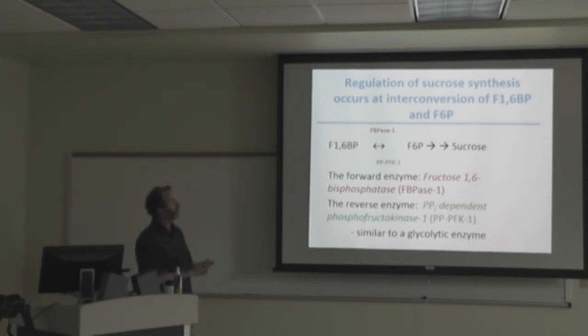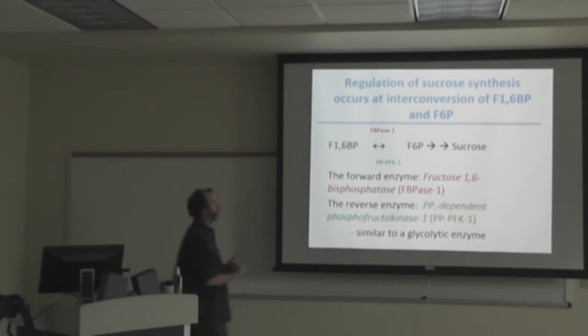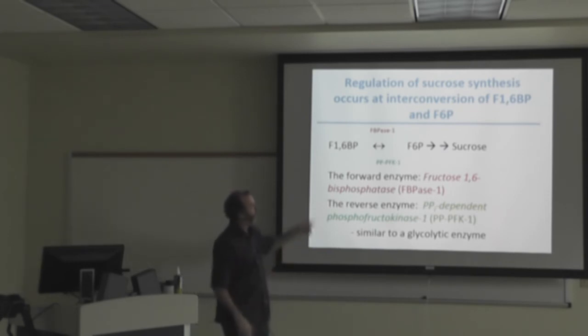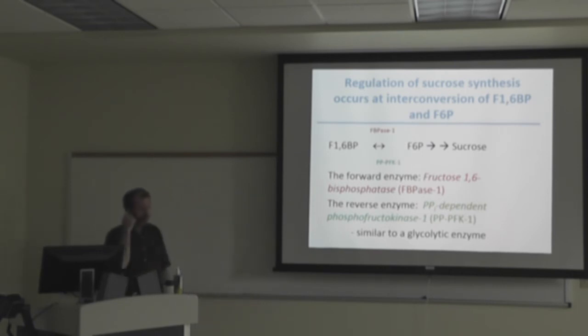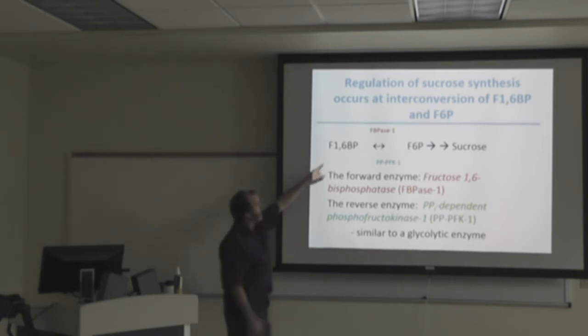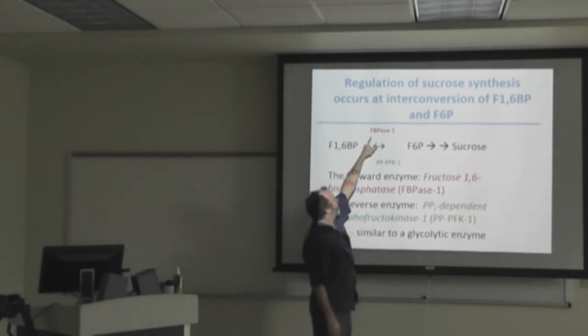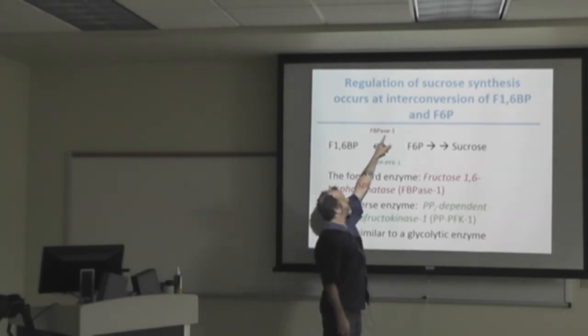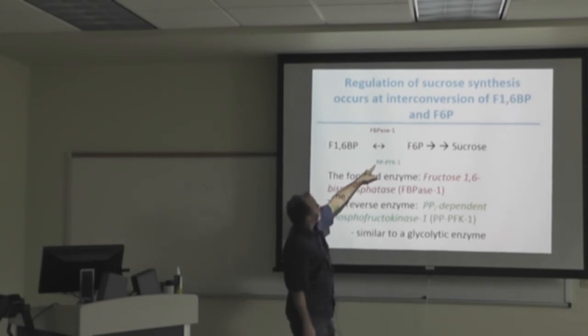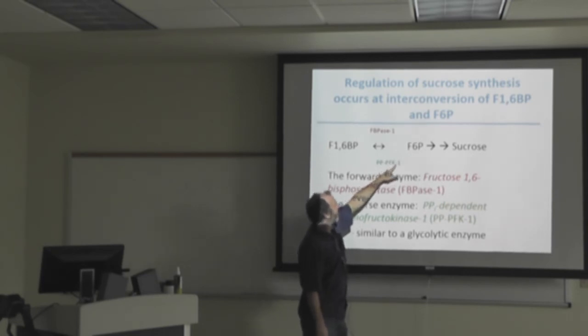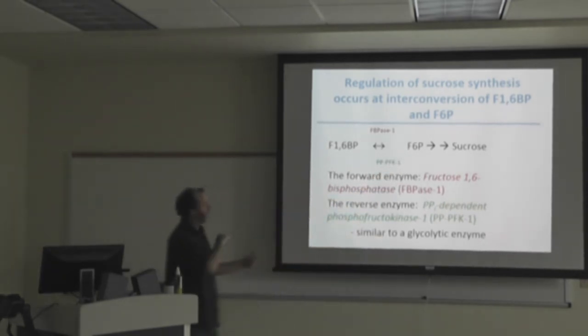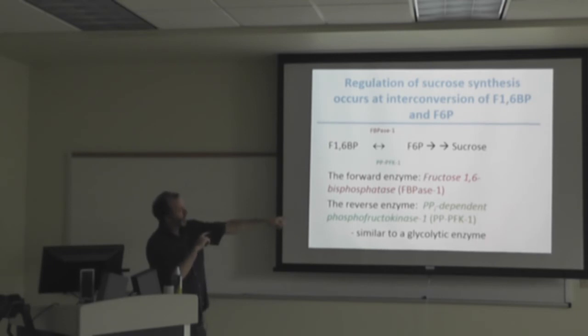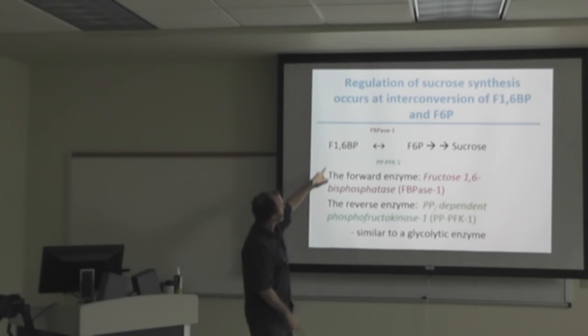Regulation of sucrose synthesis occurs at the interconversion step of fructose 1,6-bisphosphate and fructose 6-phosphate, right? So this is similar again to gluconeogenesis. Fructose bisphosphatase 1 and pyrophosphate-dependent phosphofructokinase 1 catalyze the reverse reactions, similar to the glycolytic enzyme.